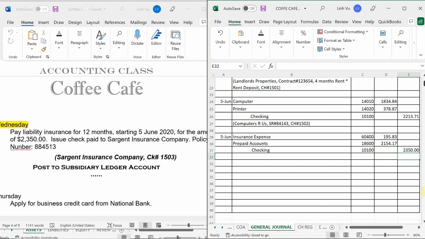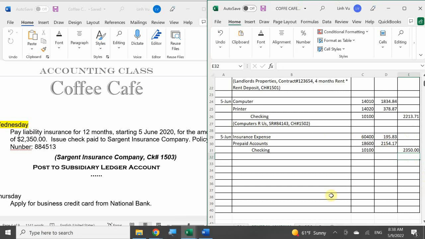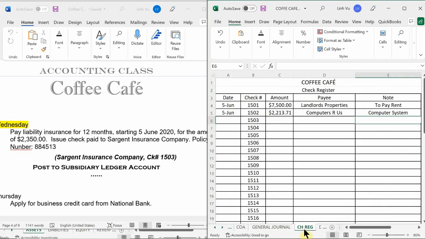Okay? So now I need to cut my check out first because I need to get my check number. So here I'm going to be writing out check number 1503 for $2,350. Who is it going out to?